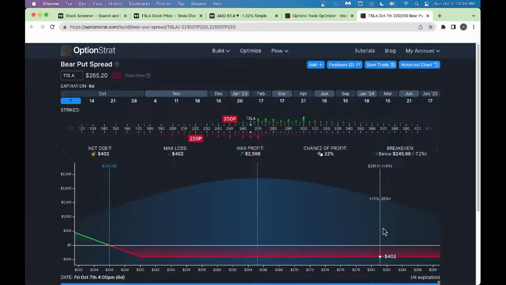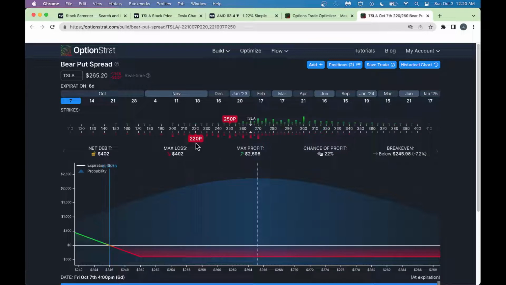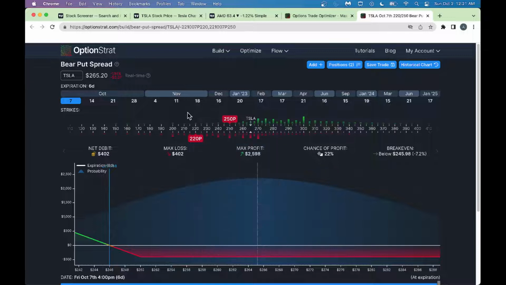As you look through here, bear put spread, we could go into Tesla again, 265, and our thesis is a bear thesis, and trading strategy is telling you could buy 250 put by paying $4.70, and you could sell a 220 put here for 68 cents. If you do something like this, this is a net debit trade. You have to put around $402.